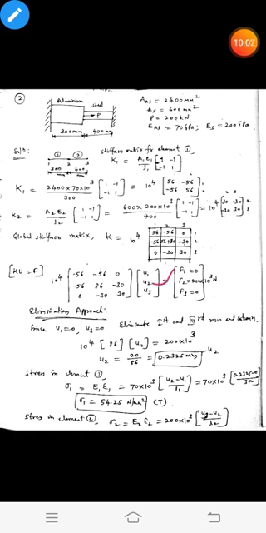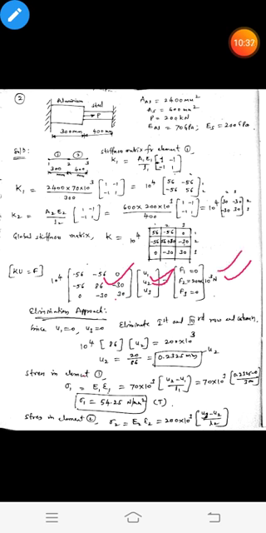The remaining equation is, in equation number 2, we have 10 raised to 4 outside. In equation number 2, if you take minus 56 into U1, U1 is already 0, minus 13 into U3, it is also 0, hence directly you take 10 raised to 4 outside, that is 86 into U2 is equal to 200 into 10 raised to 3.